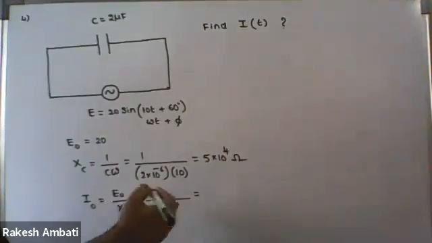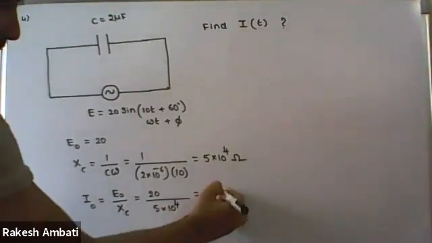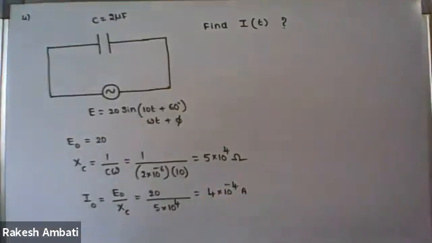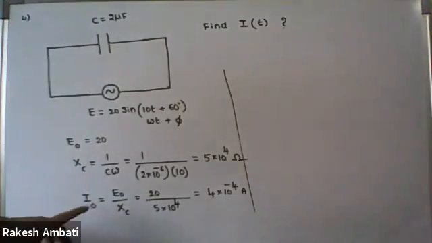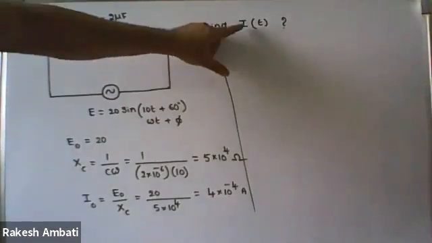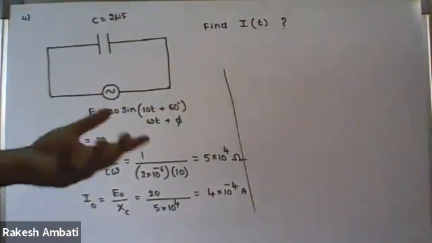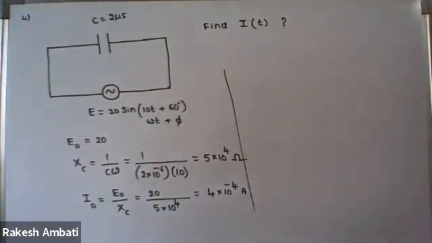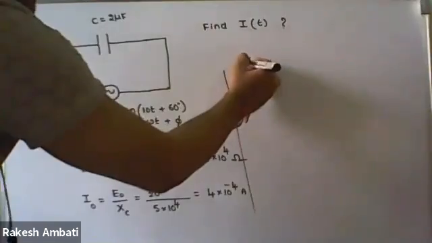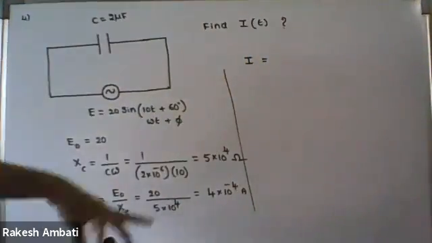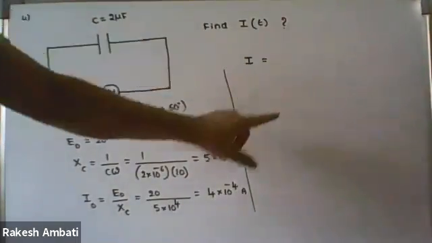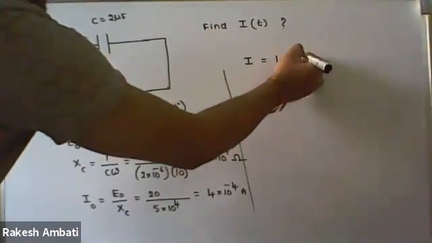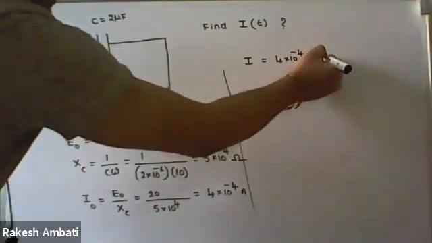If we simplify further, we get 4 into 10 power minus 4 amperes. But the question is to find the current as a function of time. Now I am writing the current as a function of time. So I equals I naught, and the I naught value is 4 into 10 power minus 4, sine function of.